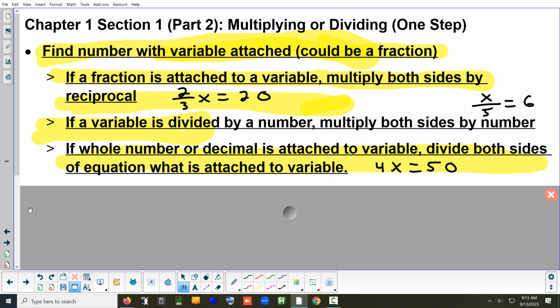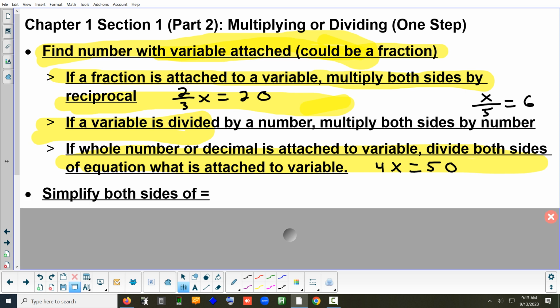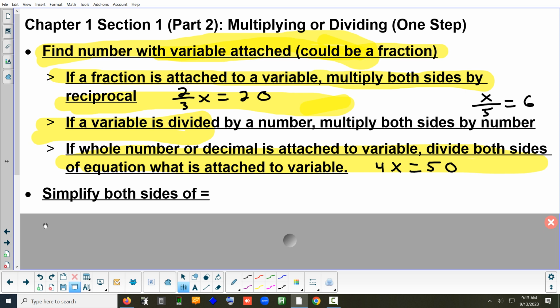Now, for whatever kind of problem you have, once you do that step, then you're going to have something to simplify. So like in this last one, if you divided both sides by 4, now you're going to use your calculator and do it up. What is 50 divided by 4? We have to finish that up. So that's where you're going to simplify.